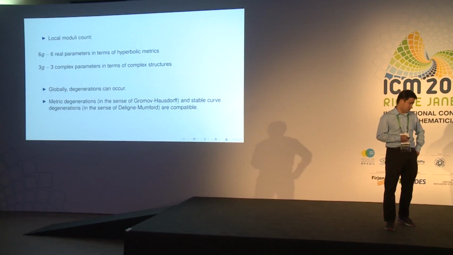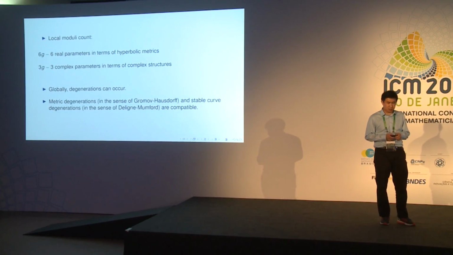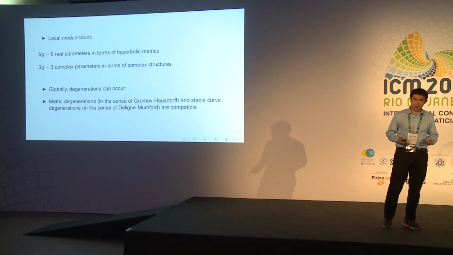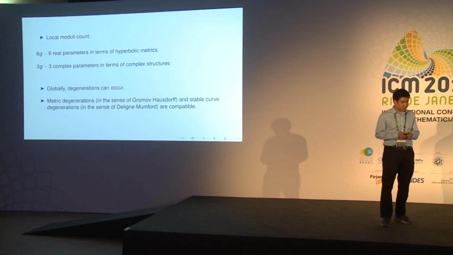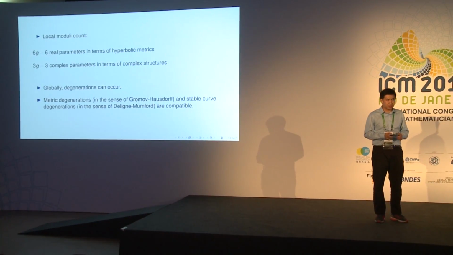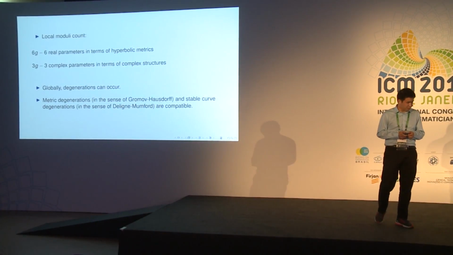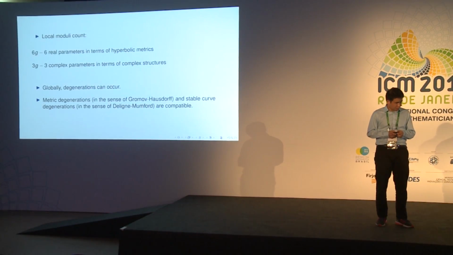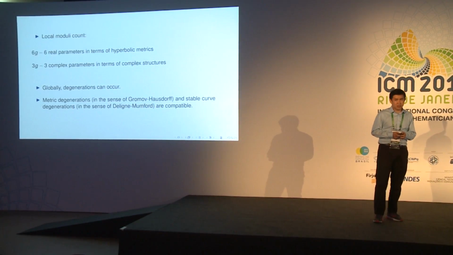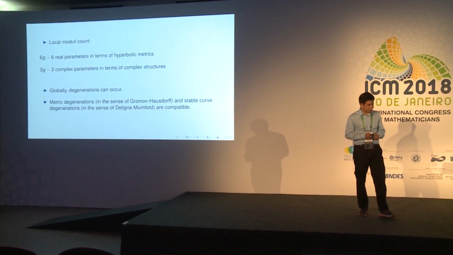In terms of moduli, locally you can count the parameter space. You can use either the hyperbolic metrics or the complex structures, and you will get the same number. And globally, if we consider degenerations, we also have two ways.